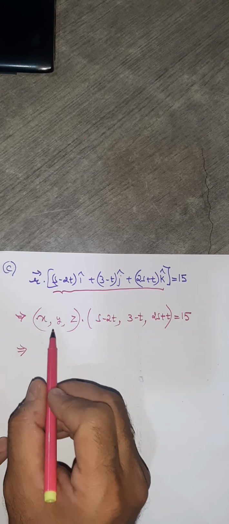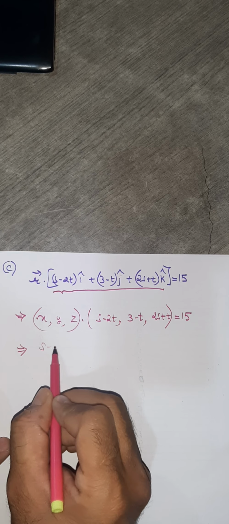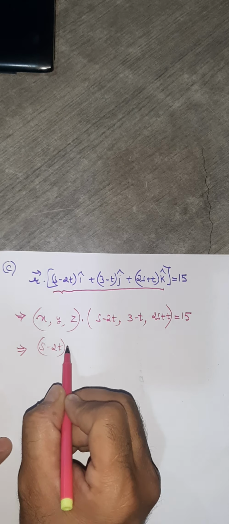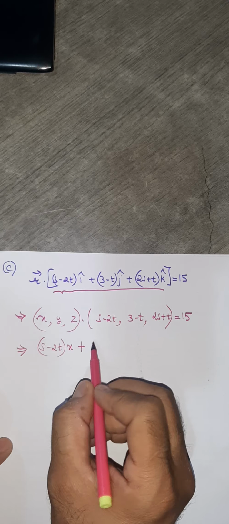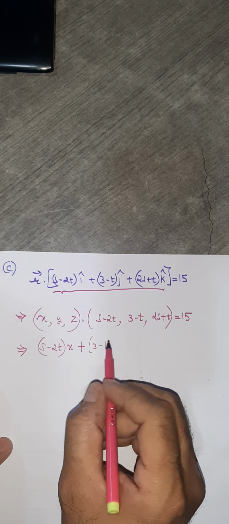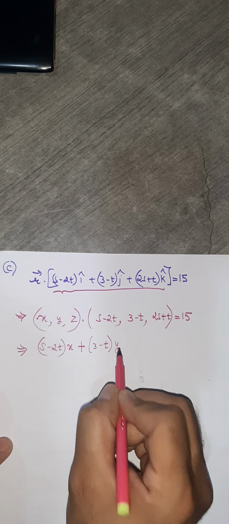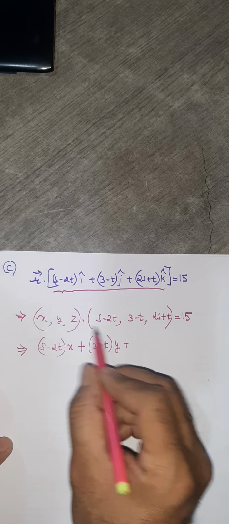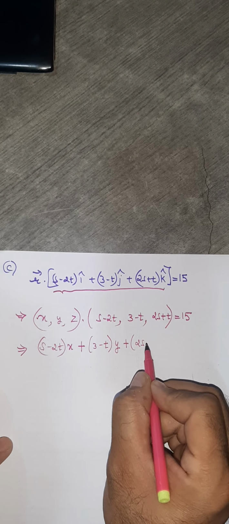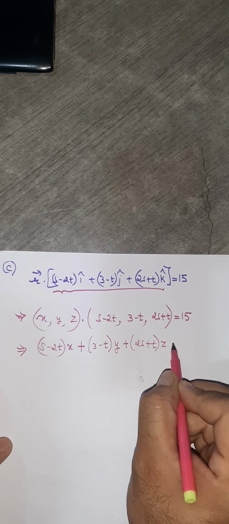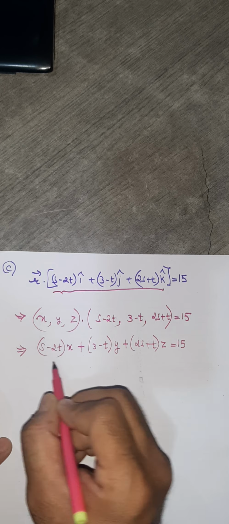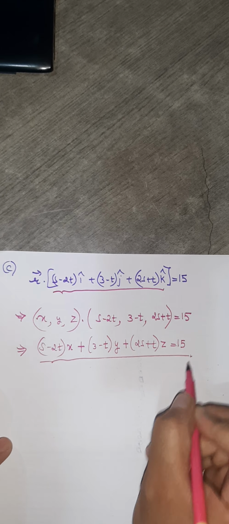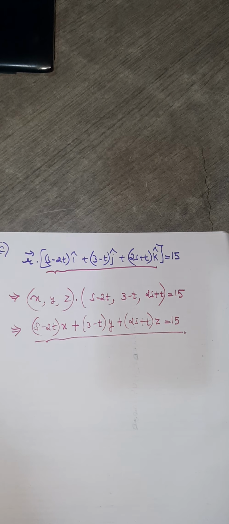So do the corresponding product. This into this, which is s minus 2t into x, plus 3 minus t into y plus 2s plus t into z equals 15. This is the required equation of the plane in Cartesian form.